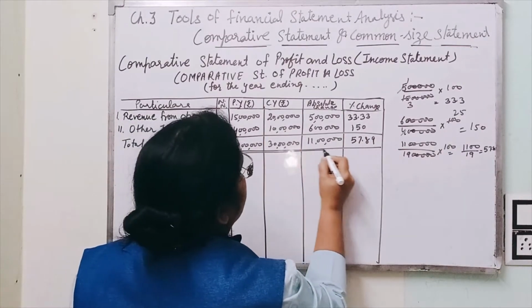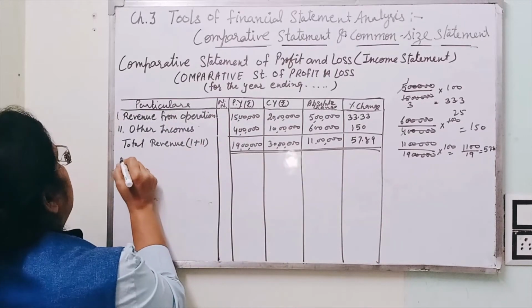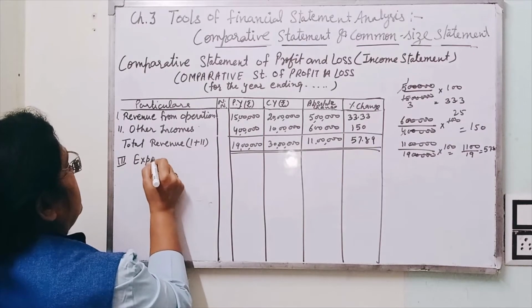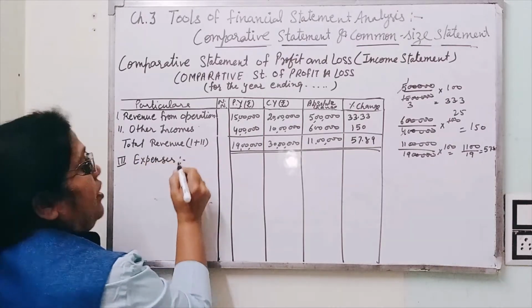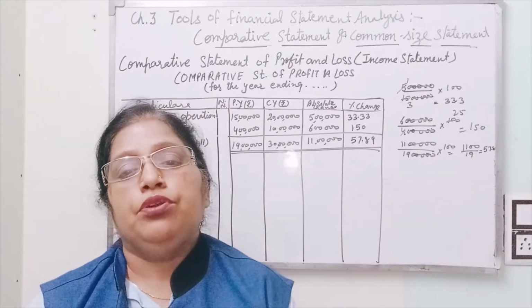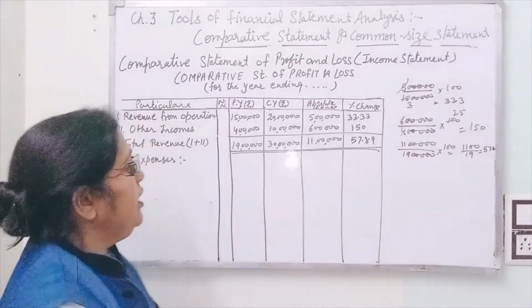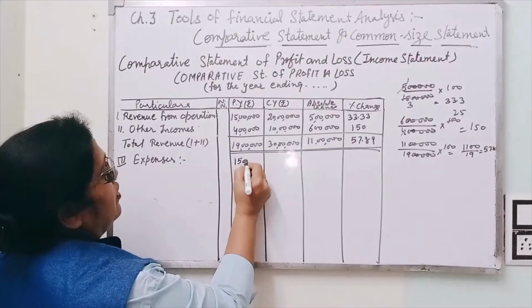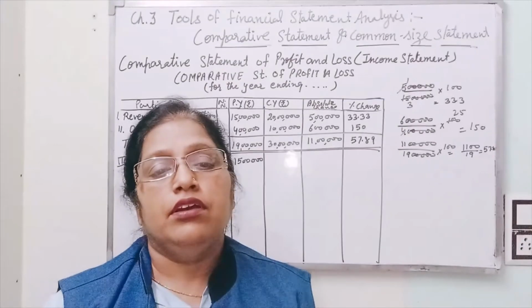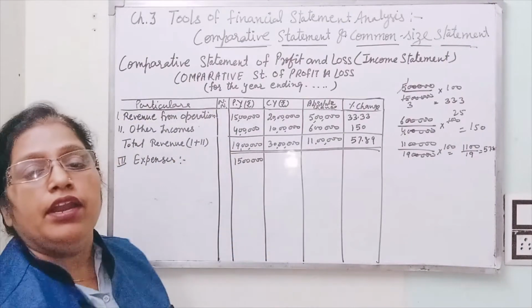Out of this, we have to deduct expenses. Third point is expenses. In case of expenses, expenses are given to you that are 15 lakh. And for this year, amount is 21 lakh.